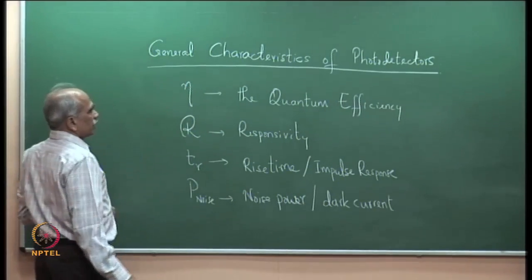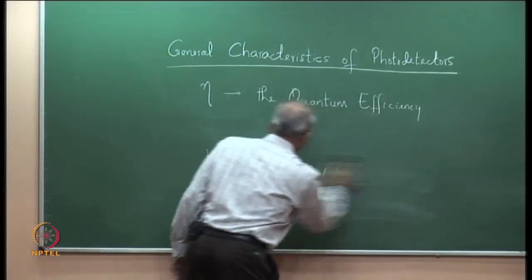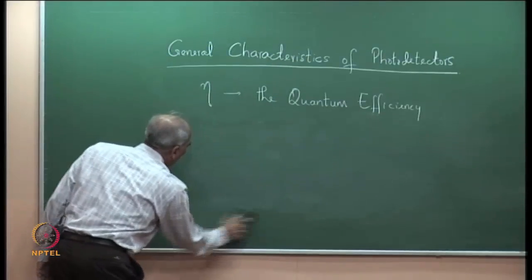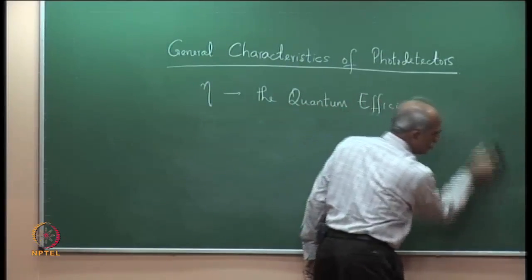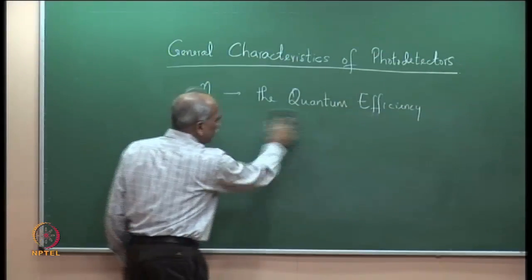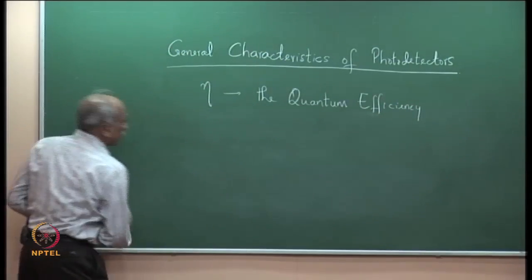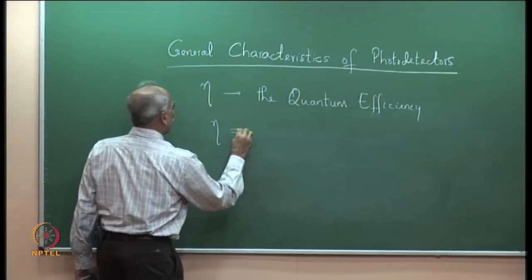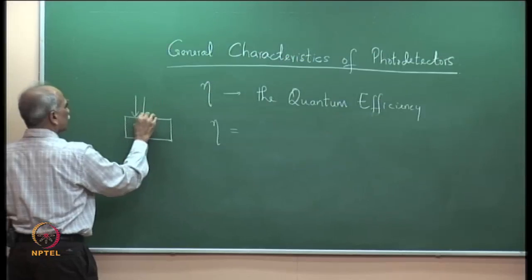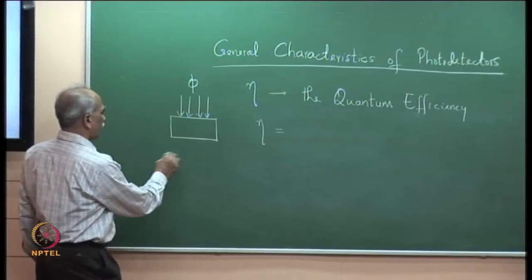So, we start with the quantum efficiency of a detector. What is the quantum efficiency? Quantum efficiency refers to the fractional number of carriers generated per incident photon. So, eta is equal to, if you consider a photodetector here and there is a photon flux incident here, phi is the photon flux.